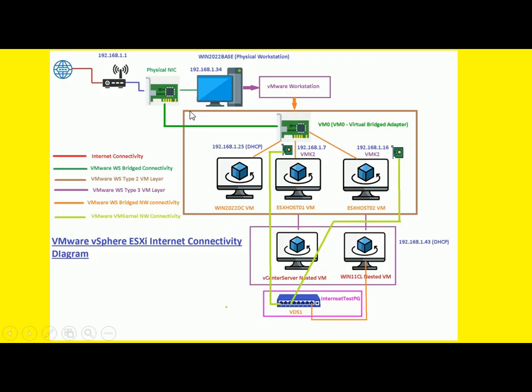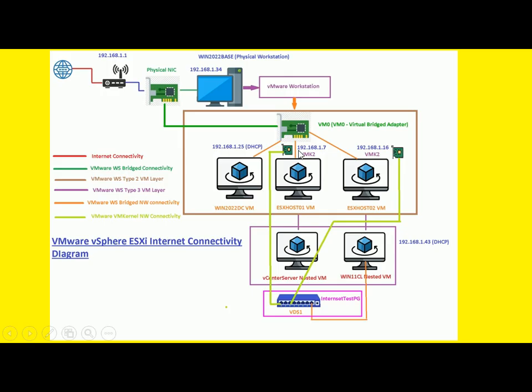You can see over here this particular square border, the VMware Workstation type 2 VM layer, this brown one. All those three VMs are type 2 virtual machines because they have been created through VMware Workstation.